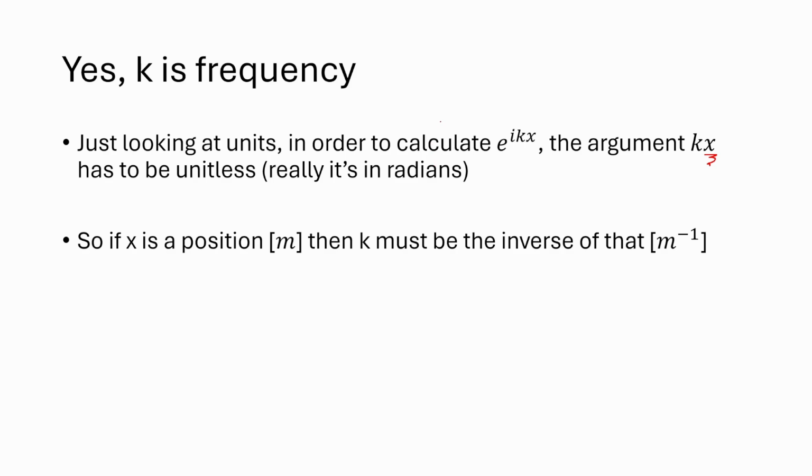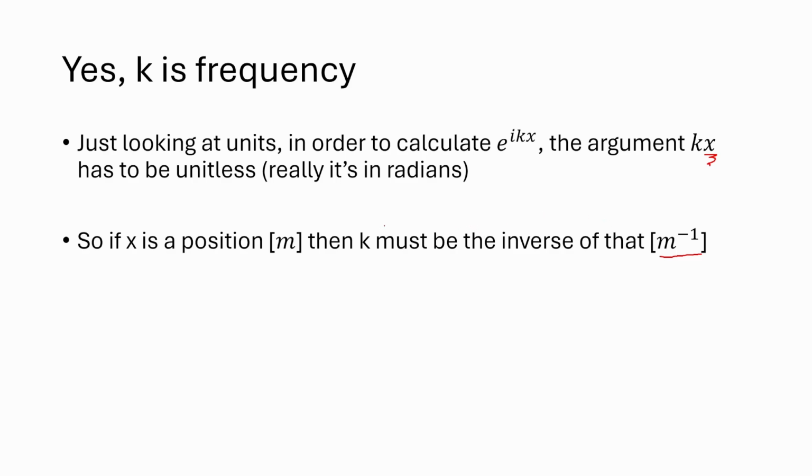The argument of e to the whatever has to be unitless. And because this is an oscillating function, that unitlessness is really units of radians. Meters per meter. I mean, that's the units of radians, really. It's a circumference over a diameter. It's meters per meter. Then the per meter in that ratio is k.